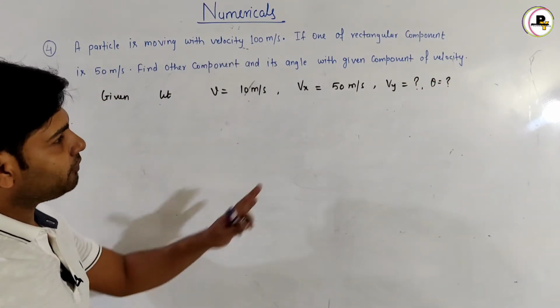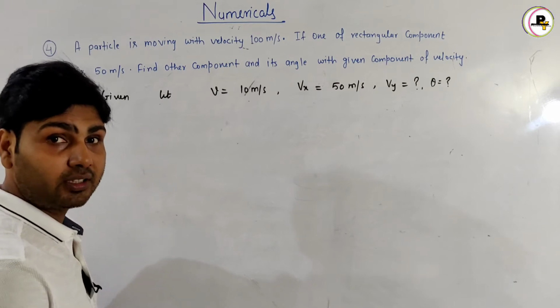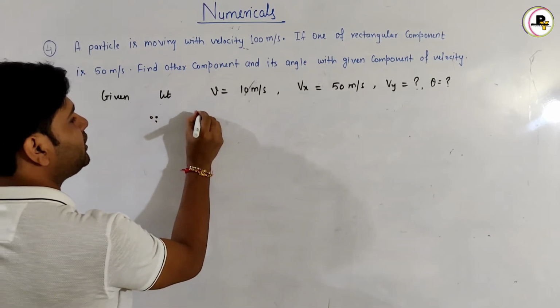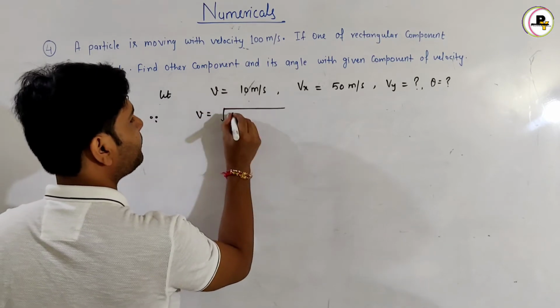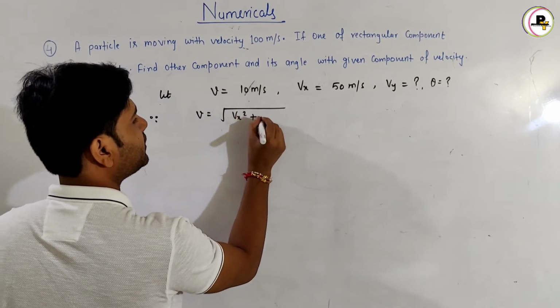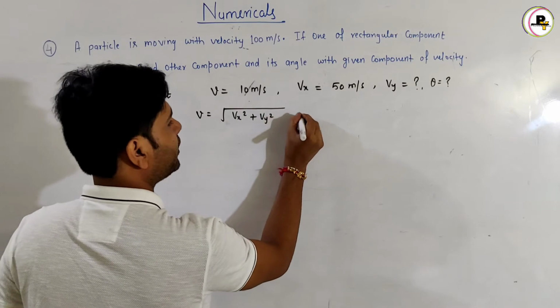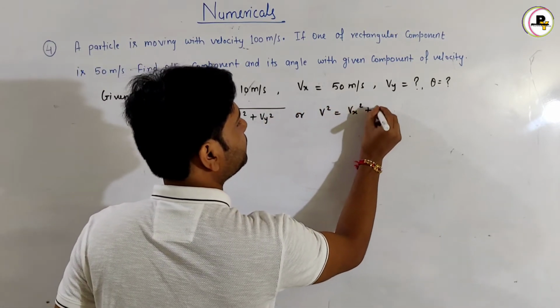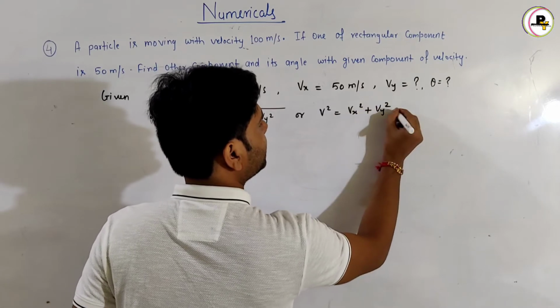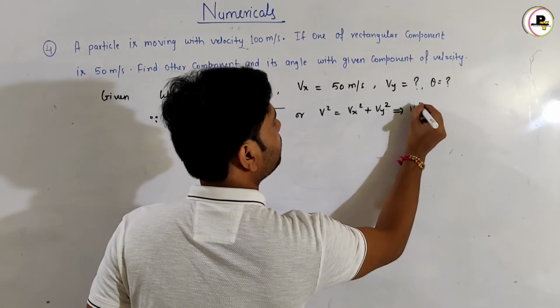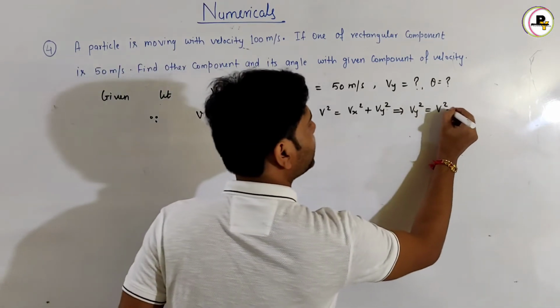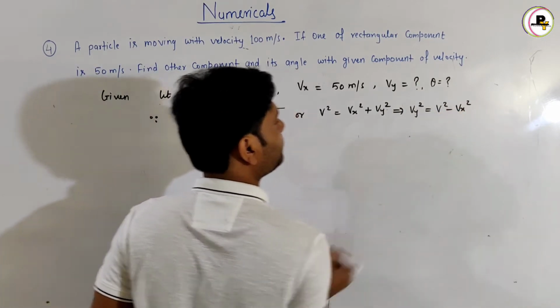So first of all, I will find vy by using the magnitude formula, and that formula is what? V equals square root of vx square plus vy square, or I can use v square equals vx square plus vy square. Therefore vy square equals v square, and this will come on this side and become minus vx square.